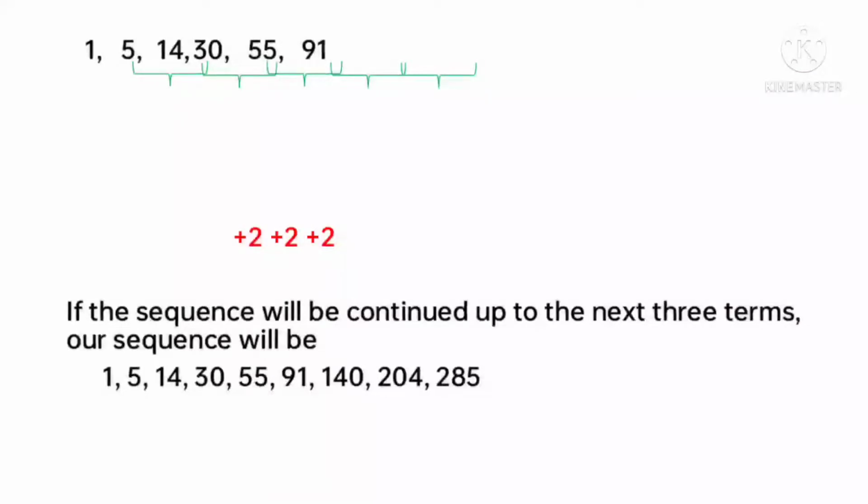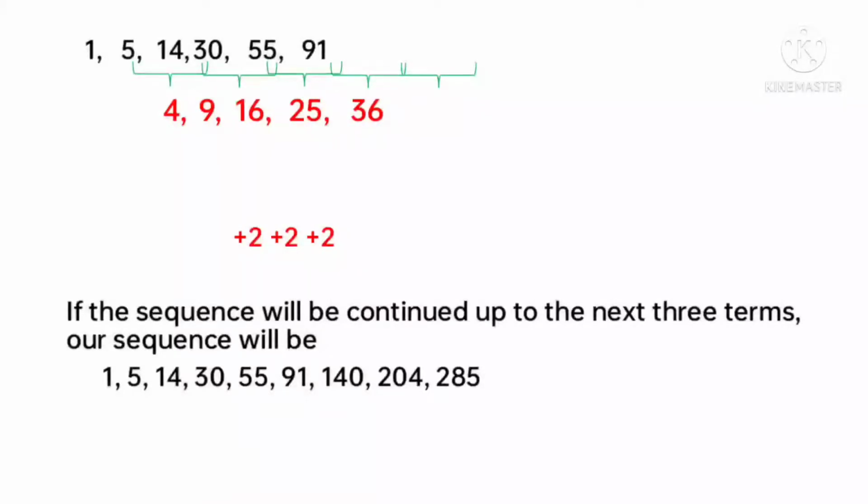So, eto lang yung mga difference: yung difference ng 1 and 5 is 4, yung difference ng 5 and 14 is 9, yung difference ng 14 and 30 is 16, yung difference ng 30 and 55 is 25, yung difference ng 55 and 91 is 36.